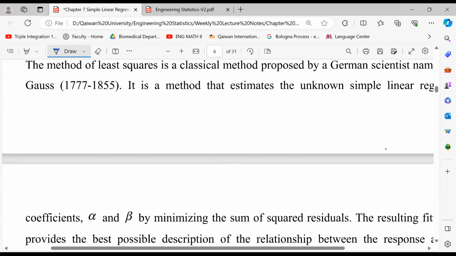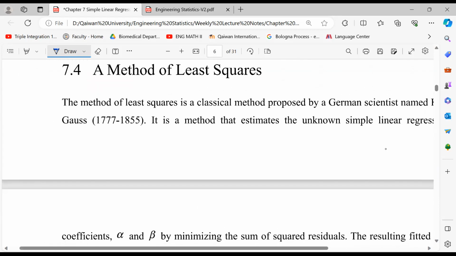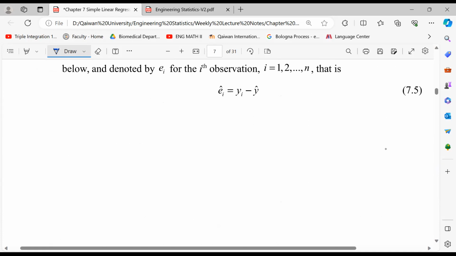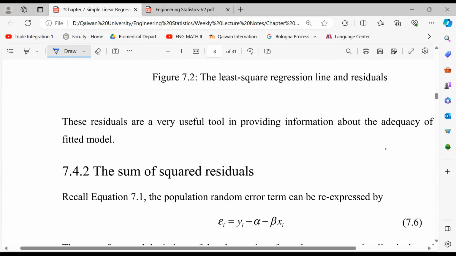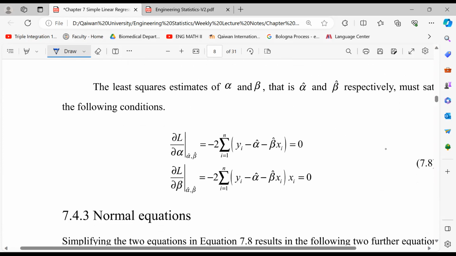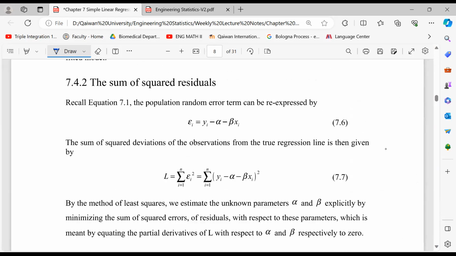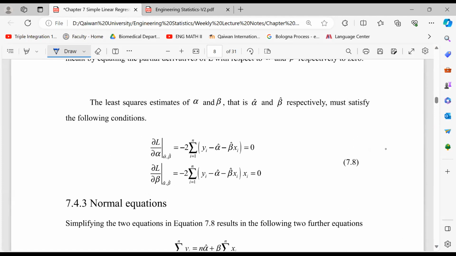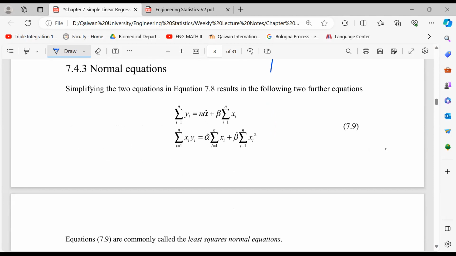In finding the values of alpha hat and beta hat, we use the method of least squares. These are the derivation of the rule. You don't need to know how to derive the rule.